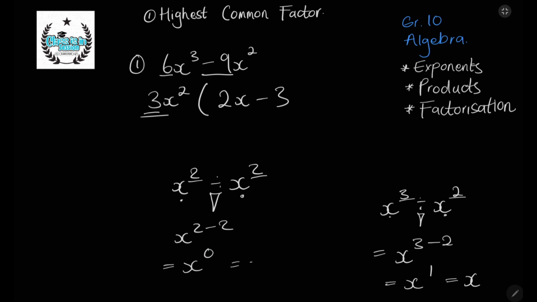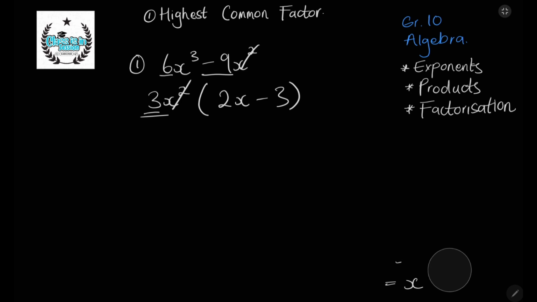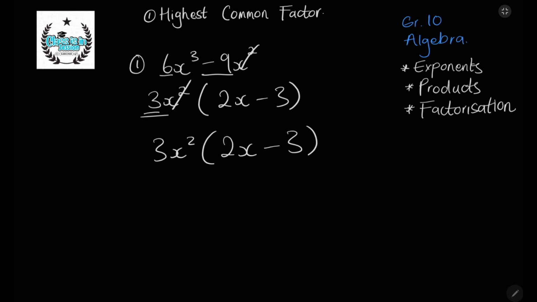Anything raised to the power 0 is 1. So this cancels with that, and you're left with 1. You don't really have to say minus 3 times 1. It's just minus 3. So your final answer is 3x squared, 2x minus 3.